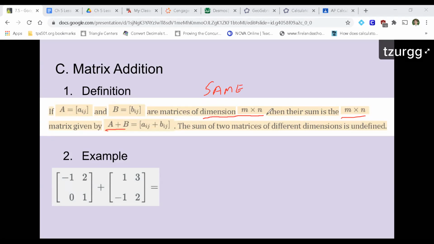And A plus B can be found by just adding each of the elements in the 2 matrices. If the matrices have different dimensions, then you're going to write that the operation is undefined. Let's try that again. If the 2 matrices have different dimensions, then their sum is undefined.